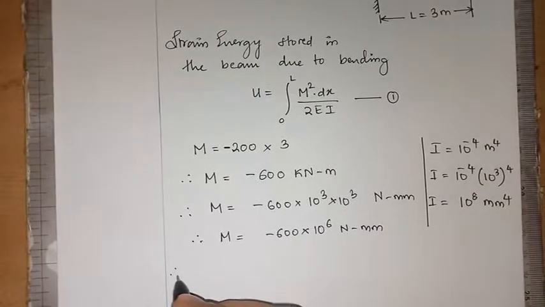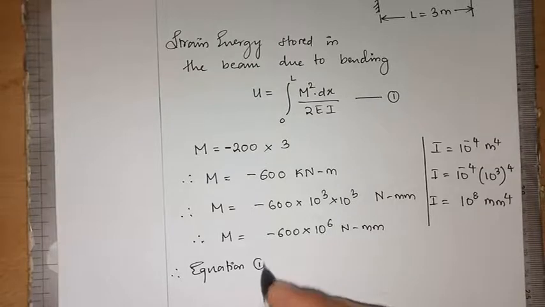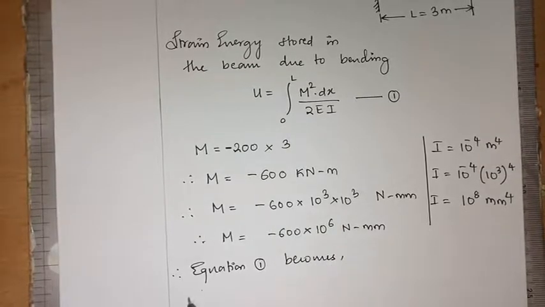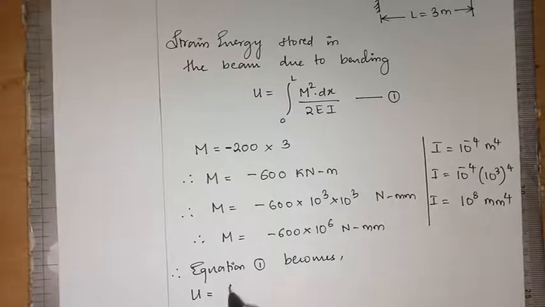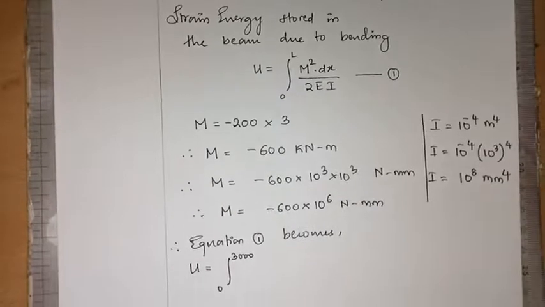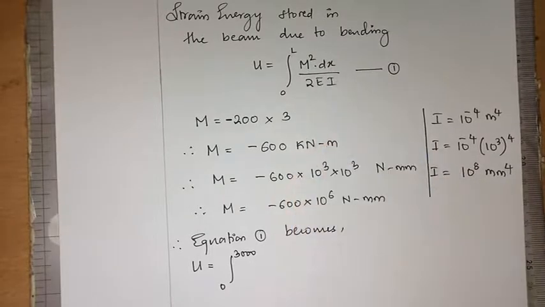Now therefore equation 1 becomes U is equal to integration from 0 to L. L is in meters, so I'll put it as mm itself, 3000. Everything else is expressed in mm, so you can check M square.